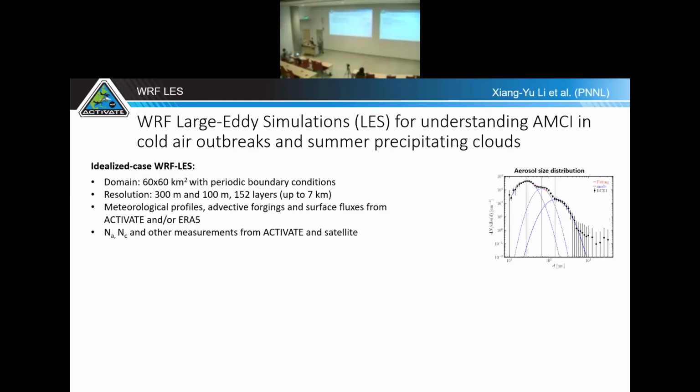So just to give some examples of those different model configurations, first, start with the WRF large eddy simulation. We used this configuration to understand the aerosol meteorology cloud interactions in cold air outbreaks and also summer precipitating cumulus clouds.